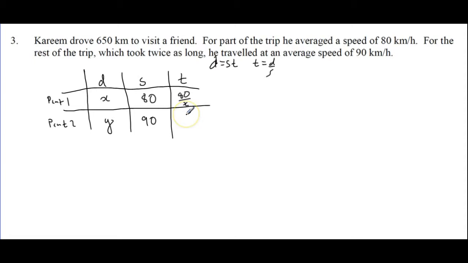And 80 over x, 90 over y, and what do we got? Let's say the total. So the total distance was 650, and the rest of the trip, part of the trip.